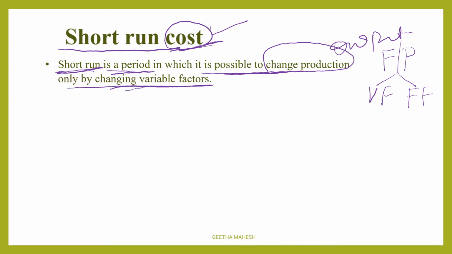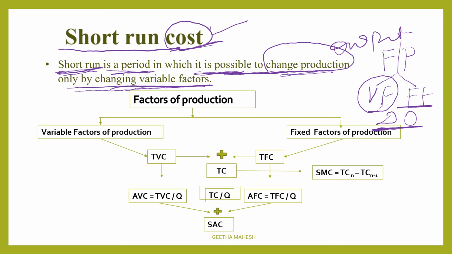So if you want to change the output, this output can be varied only by varying the variable factors of production, and some factors remain as fixed factors of production. So short run is a period in which it is possible to change the production only by changing variable factors of production.